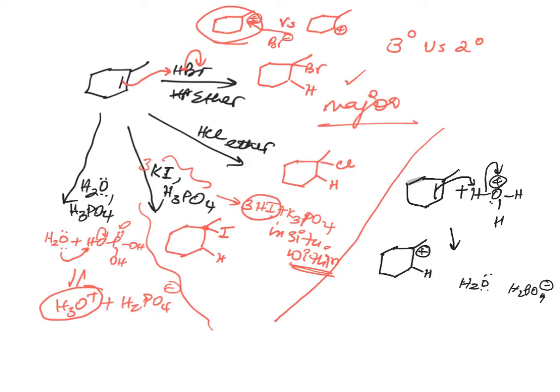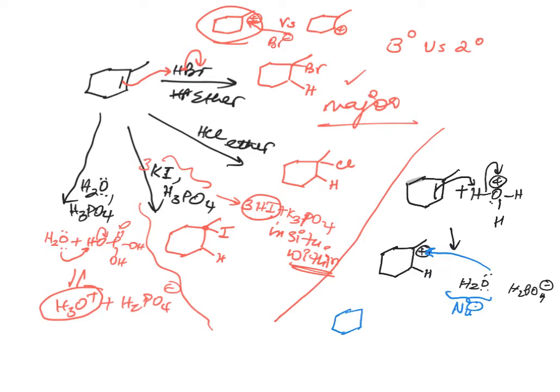If you're thinking H2PO4 negative, think again, because that is not a nucleophile. It's big and bulky, and one of the requirements for things to become nucleophilic is that they can move around really easily. So it is water which is going to serve as the nucleophile. It's going to attack.